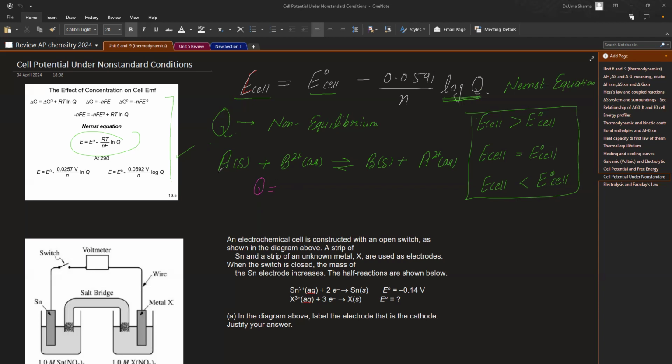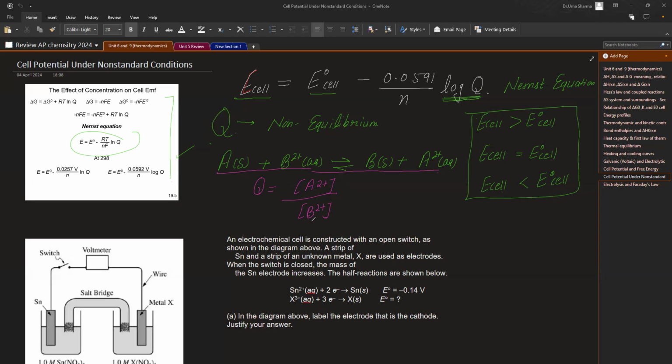So what is the Q expression for this reaction? The equation you can see is already balanced. It is the concentration of A2 plus over the concentration of B2 plus. Good. This is Q.